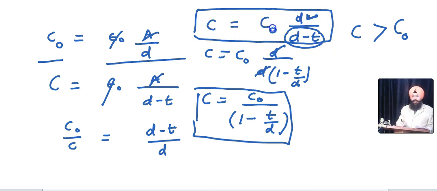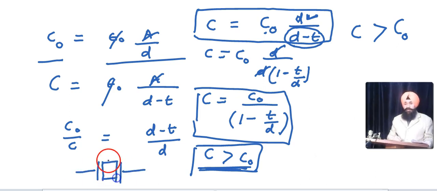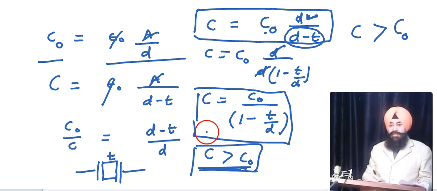So C becomes greater than C naught. Capacitance always increases when you put a conducting slab. Like this is a capacitor, you put a conducting slab in between of thickness t. What happens? Capacitance increases.